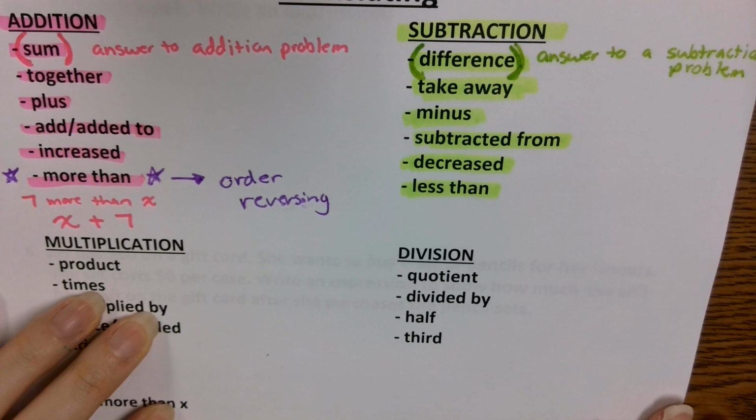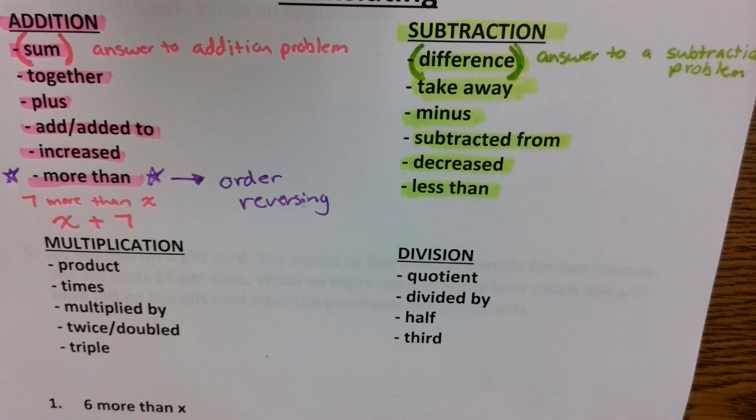So that means that you have to work that difference out first before you can do any other operations to it. It needs to be worked out first before you can do anything else. So we put it in parentheses to showcase it needs to go first.